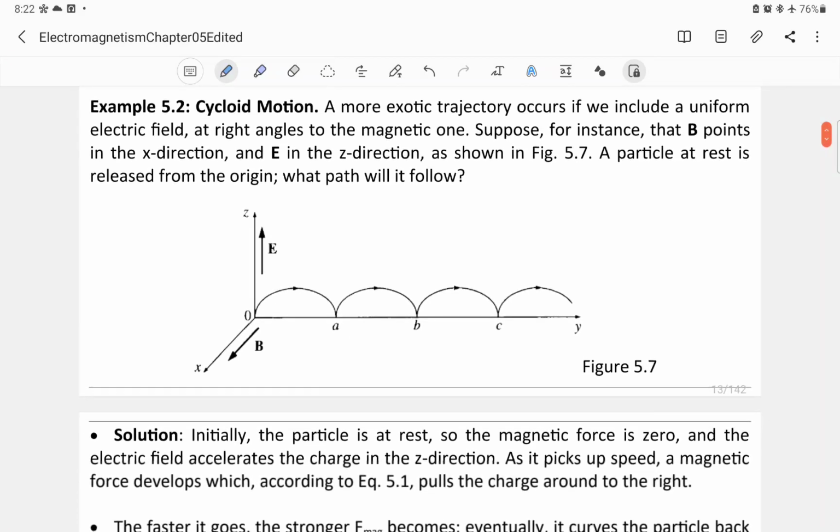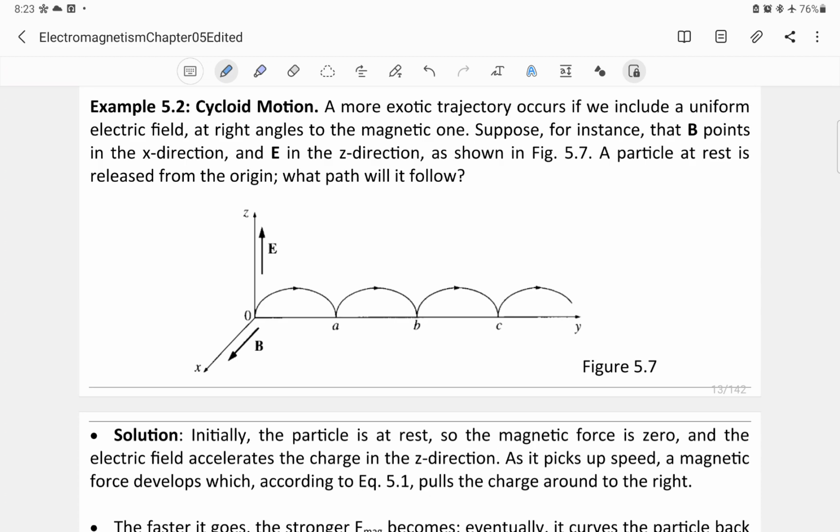Now let's look at the cycloid motion. A more exotic trajectory occurs if we include a uniform electric field at right angles to the magnetic one. Suppose, for instance, that b points in the x direction and E is in the z direction, as shown in the figure. A particle at rest is released from the origin. What path will it follow?